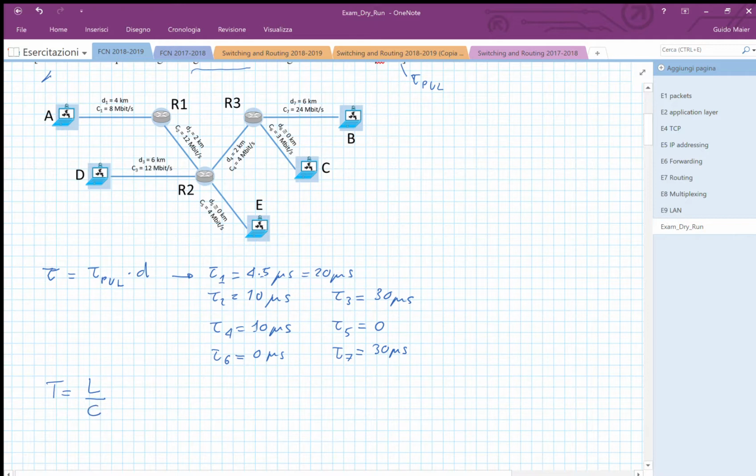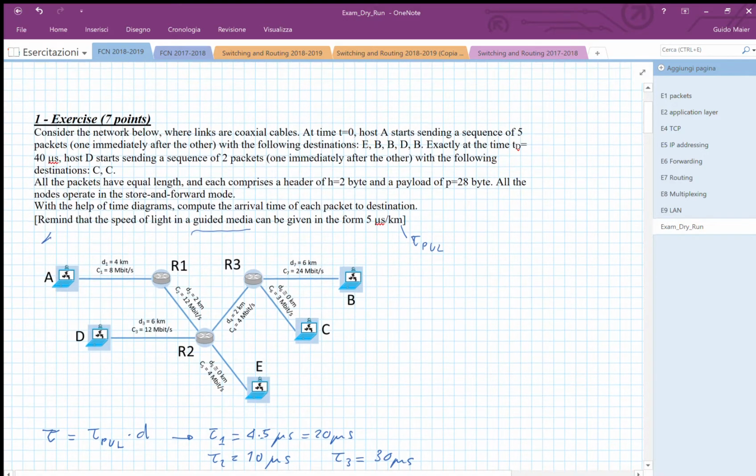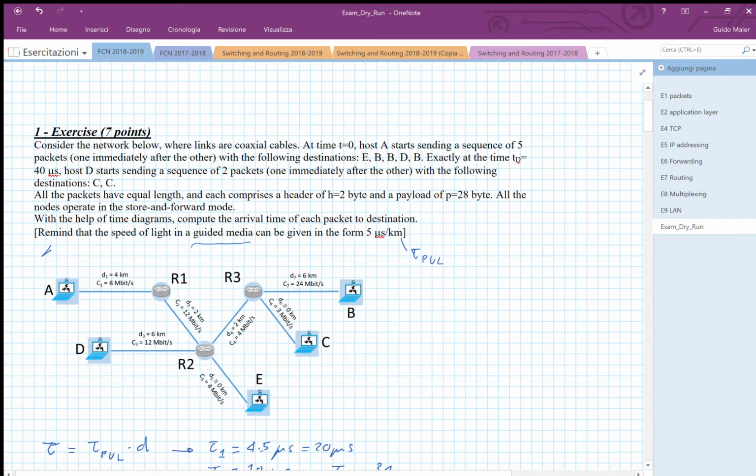What about the length of the packet? Here we can see that all the packets have an equal length and comprise a header of 2 bytes and a payload of 28 bytes. So the total length of the packet is given by the header plus the payload, which is 28 plus 2 bytes, 30 bytes.